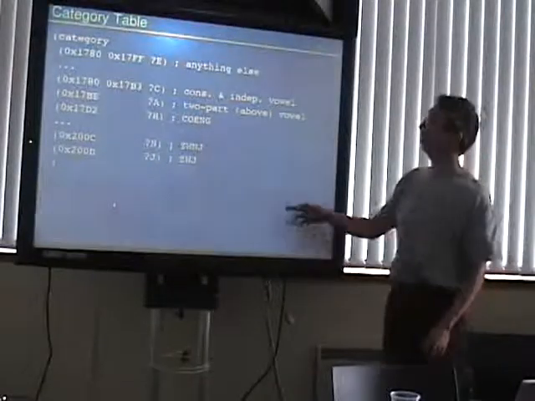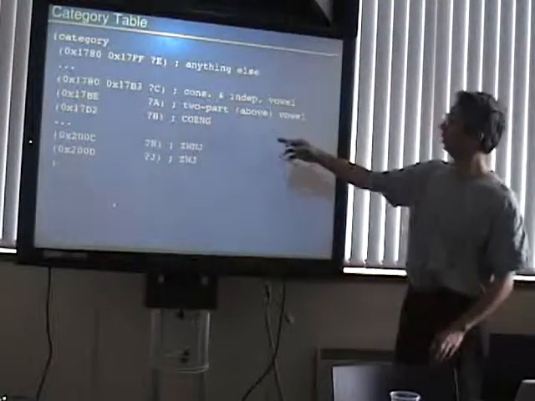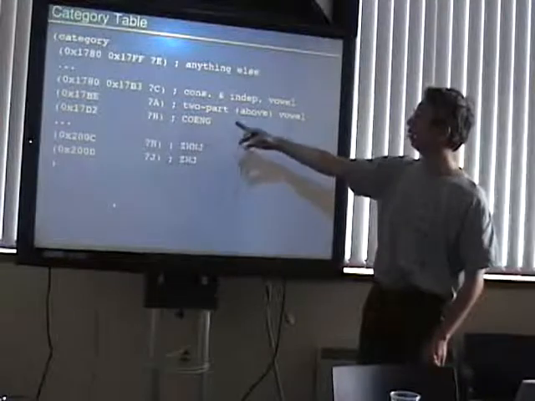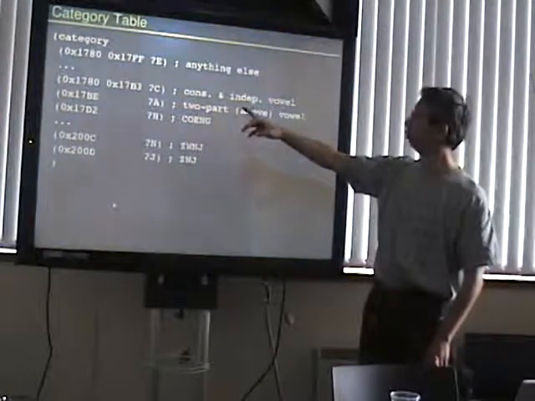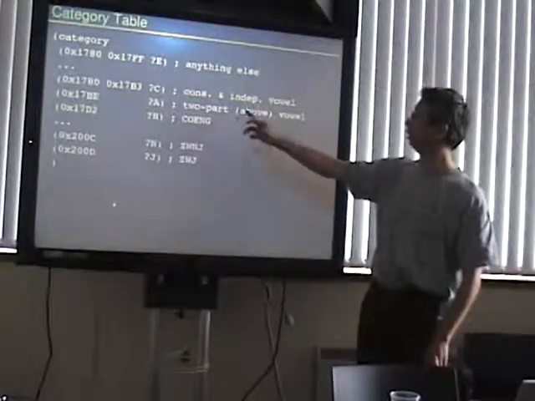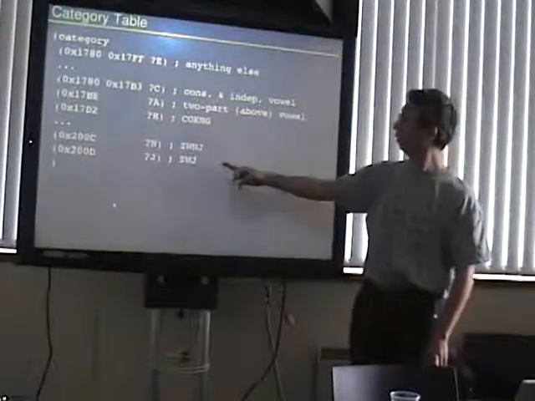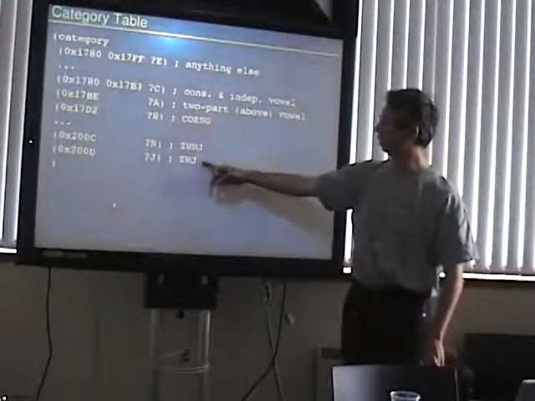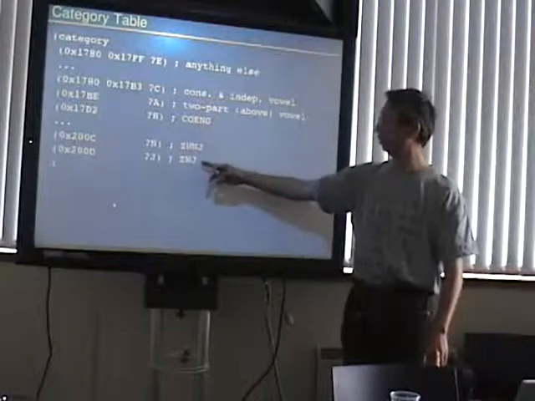So anyway, the first step is the category table. Here we categorize Khmer characters into consonant or two-part vowel or voicing vowel. And also we use these small trainer and trigger.